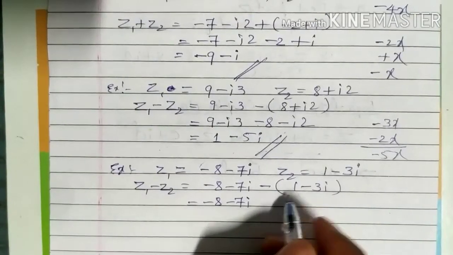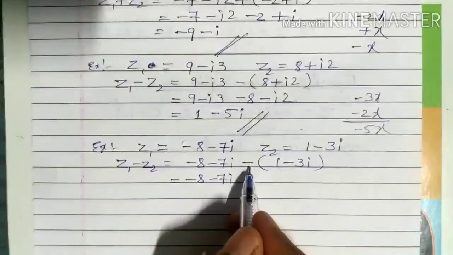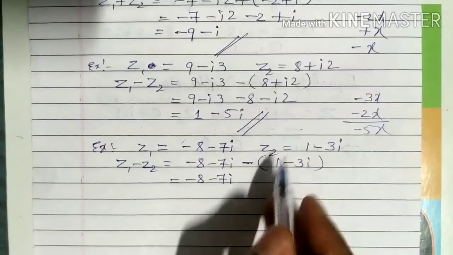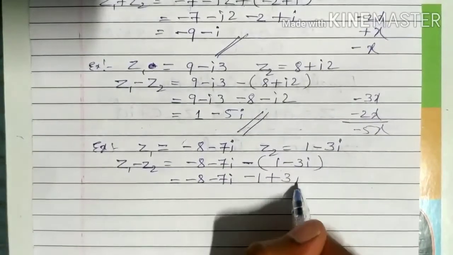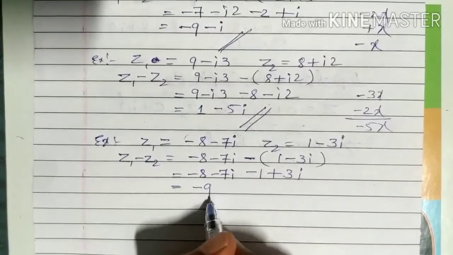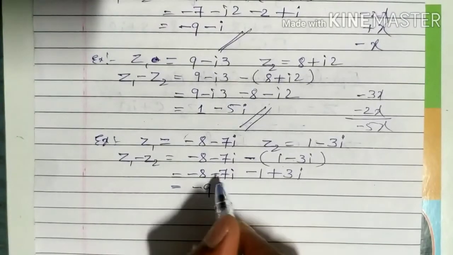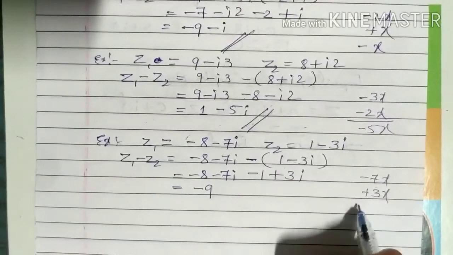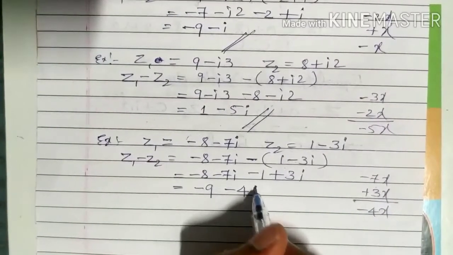Even in case of addition it is not necessary, but in subtraction it is very important to put bracket. Minus, into 1, minus 1, minus, into minus, plus 3i. Now minus 8 minus 1, minus 9, then minus 7i plus 3i, minus 7x plus 3x, is equal to minus 4x, minus 4i, right? So like this you simplify.